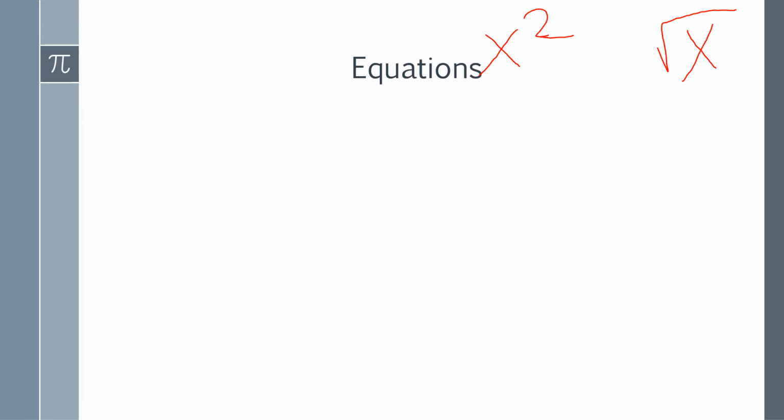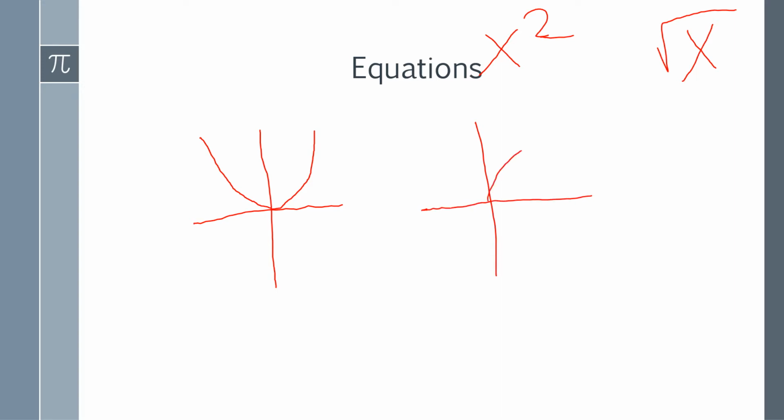The reason why I want you to know these types of equations is because when you graph them, they're essentially inverses of each other. Because going back to your 8th grade math, you know for a fact that the powers will take you back to earlier.